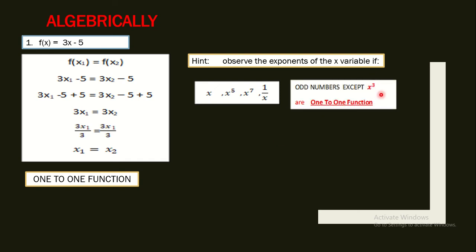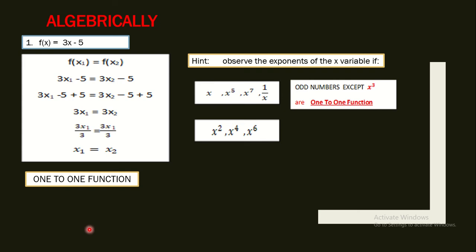Kasi sa x raised to 3, lalo na kapag ginraph mo yan, makikita mo guys, may dalawang points. Kaya, 1, 5, 7, pwede rin yung 1 over x or naka-fraction siya. They are a one-to-one function. Kahit hindi mo na to isolve, kung alam mo yung mga hint, madali mo masasagot.